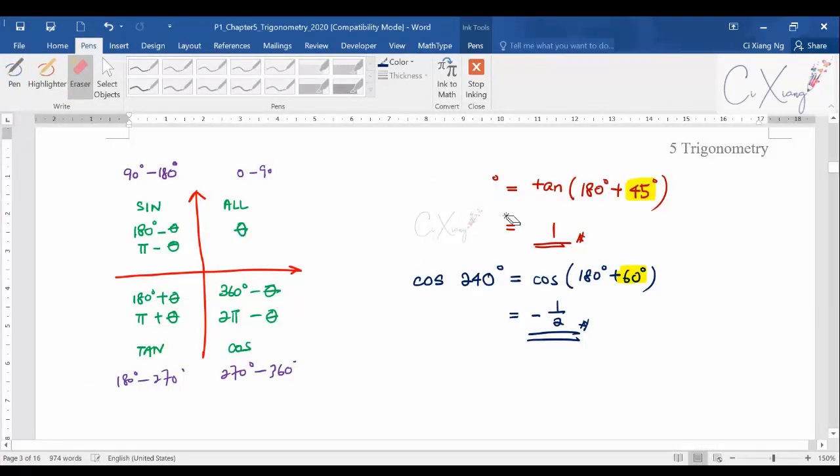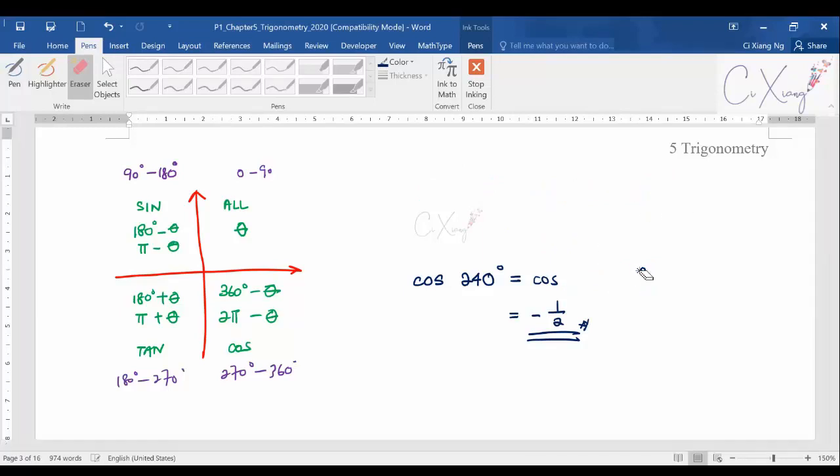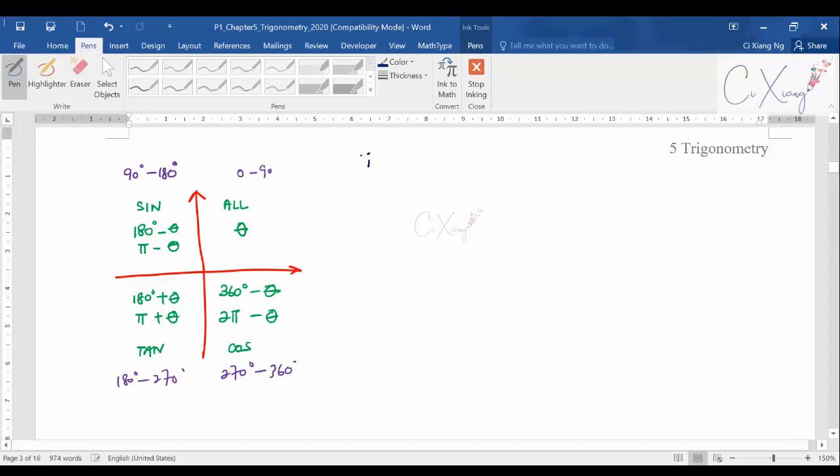Okay, then now we will extend it to the harder example. Okay, so maybe I set the question like this. There are some questions like this in exam. Okay, so maybe they will tell you like this.